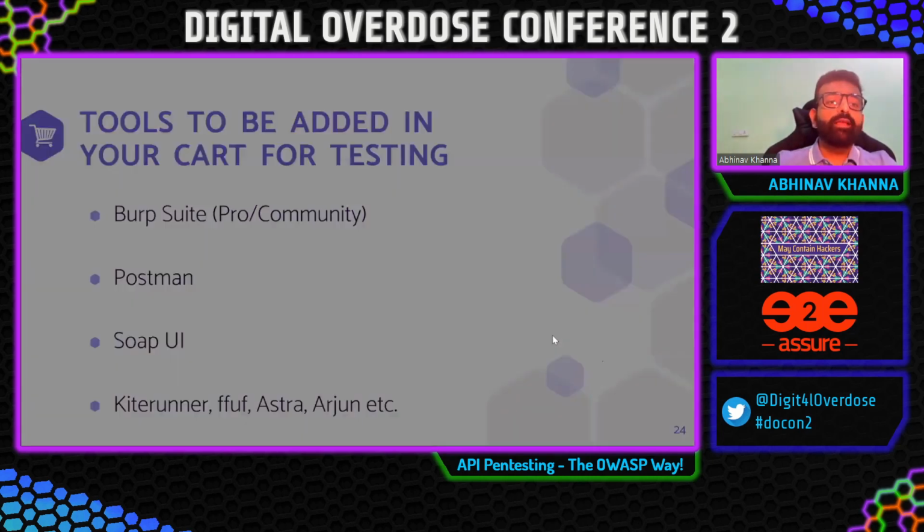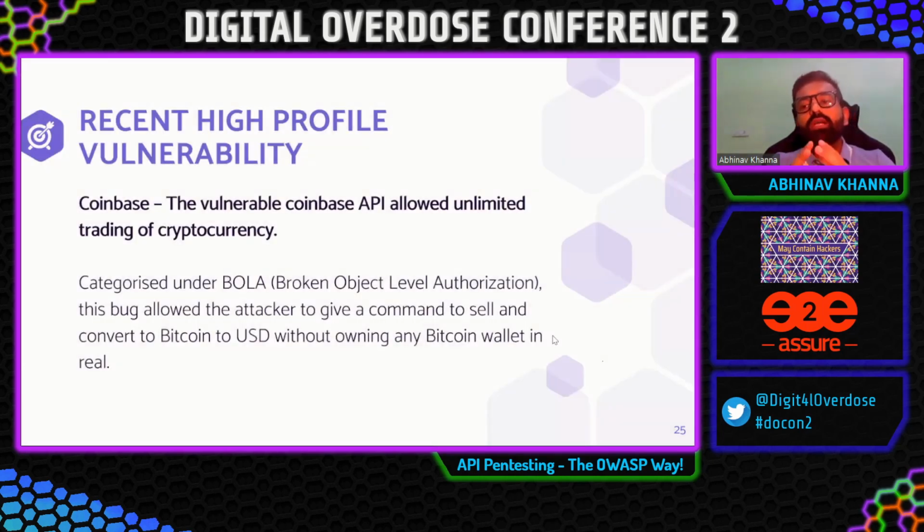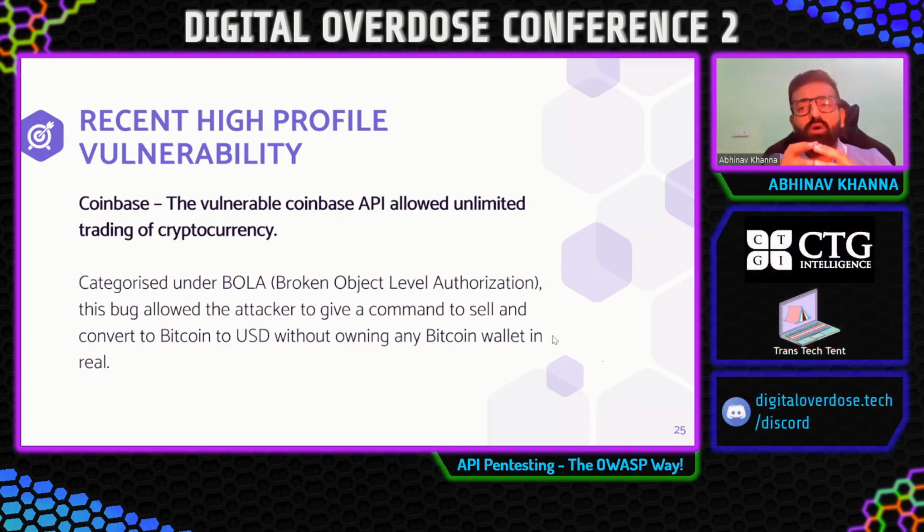All right. So let's talk about a recent high-profile vulnerability related to APIs. This vulnerability was found in Coinbase, and this vulnerable API allowed unlimited trading of cryptocurrency. It was categorized under broken object level authorization, and it allowed the attacker to give a command to sell and convert Bitcoin to USD without in fact owning a Bitcoin wallet.